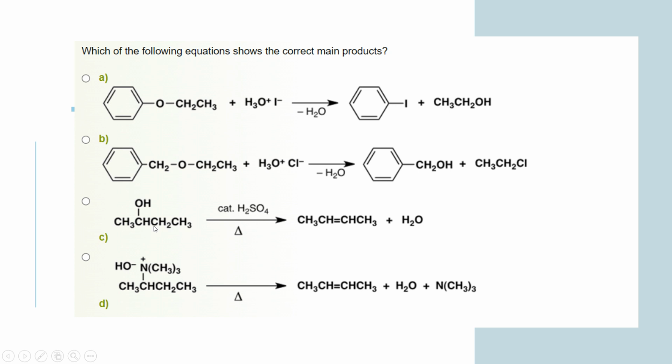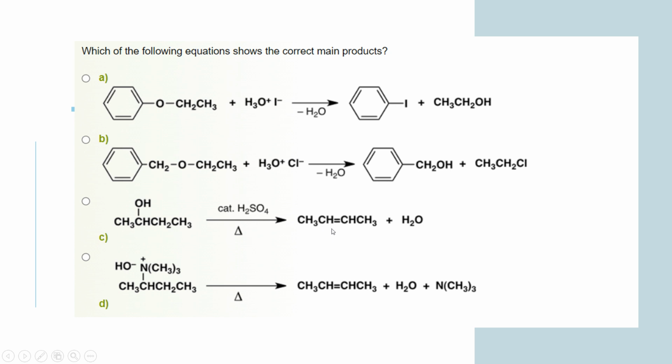So you get deprotonation from this carbon here, and you get a carbon-carbon double bond between the two middle carbon atoms of this substrate, isn't it? Thus after dehydration you will get a formation of a C=C double bond between these carbons, and in turn you will get this 2-butene as the final product.